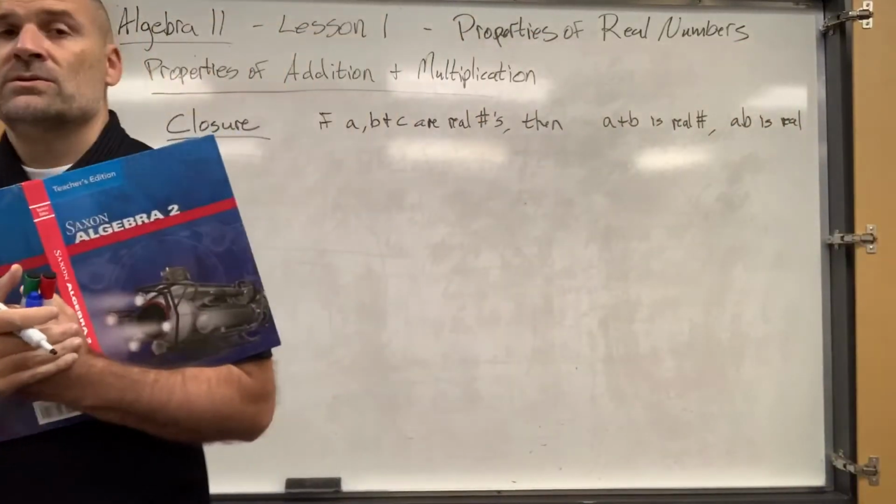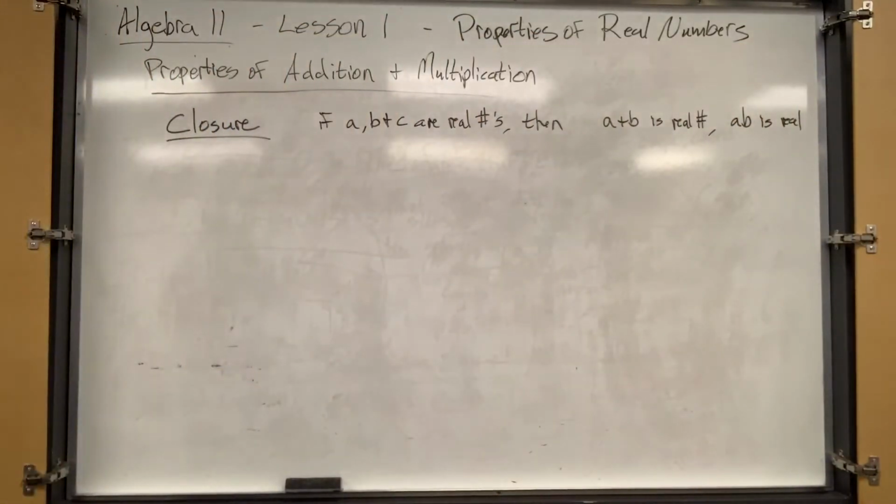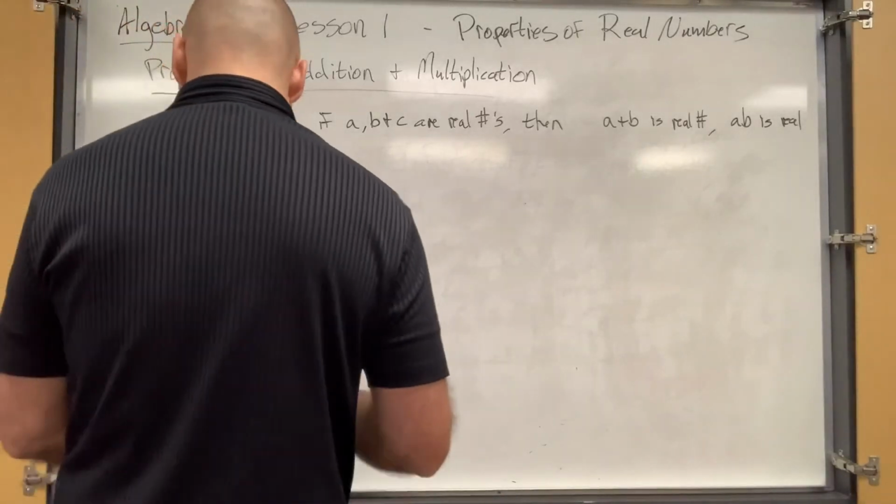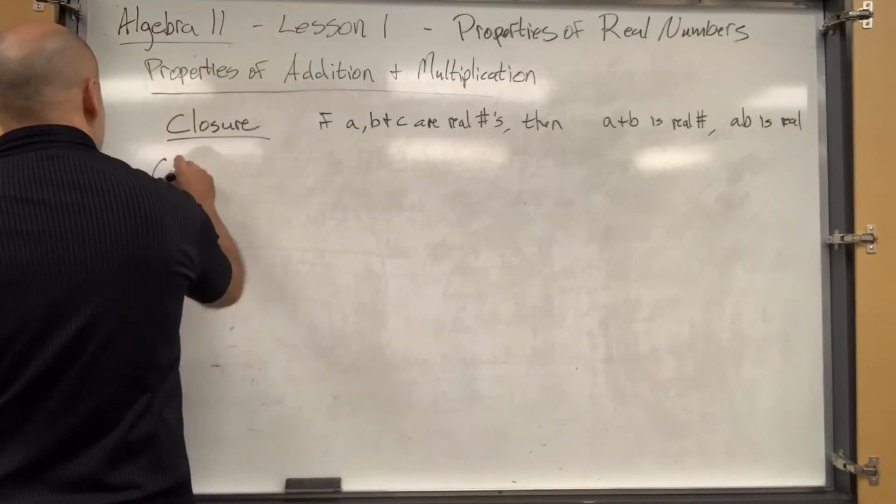Okay? So if you have two real numbers and you add them together, the result is going to be a real number. If you have two real numbers and you multiply them together, the result is going to be a real number.